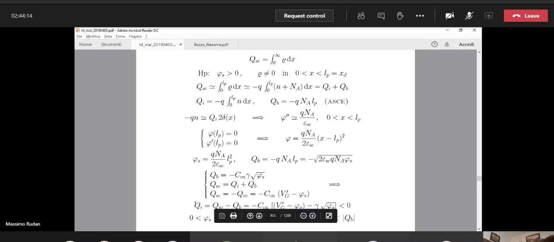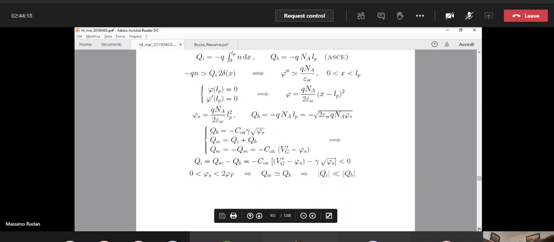So now we take Qi, the inversion charge. Of course, it is the difference of QSC minus QB. We extract Cox, and we have this expression.